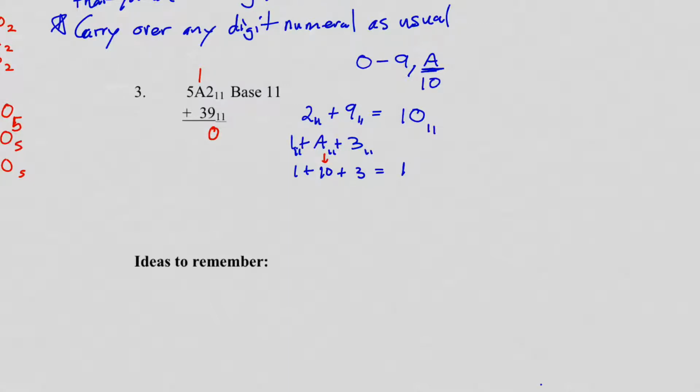And then the leftover from 11 to 14 would be 3. So that's the remainder. Now, take that 3, carry the 1. Then we have 1 plus 5, which is just 6. So final answer, 630 base 11.